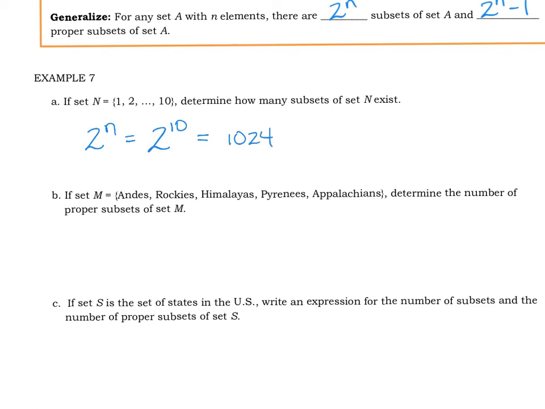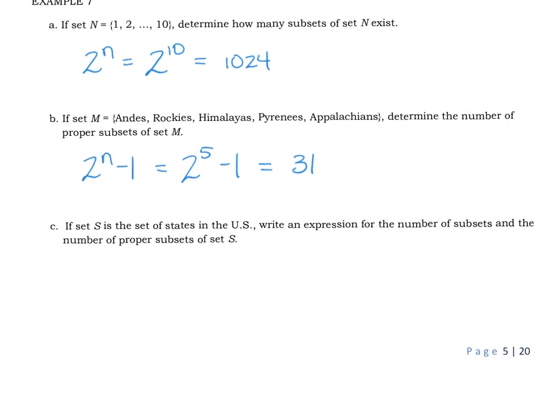Set M contains 5 different sets of mountains, so how many proper subsets are there? Well, proper subsets, again, we can't count equality, no equal sets, so 2 to the n minus 1. There are 5 elements in the set, and we subtract 1. 2 to the 5th is 32, minus 1 gives us 31 proper subsets.